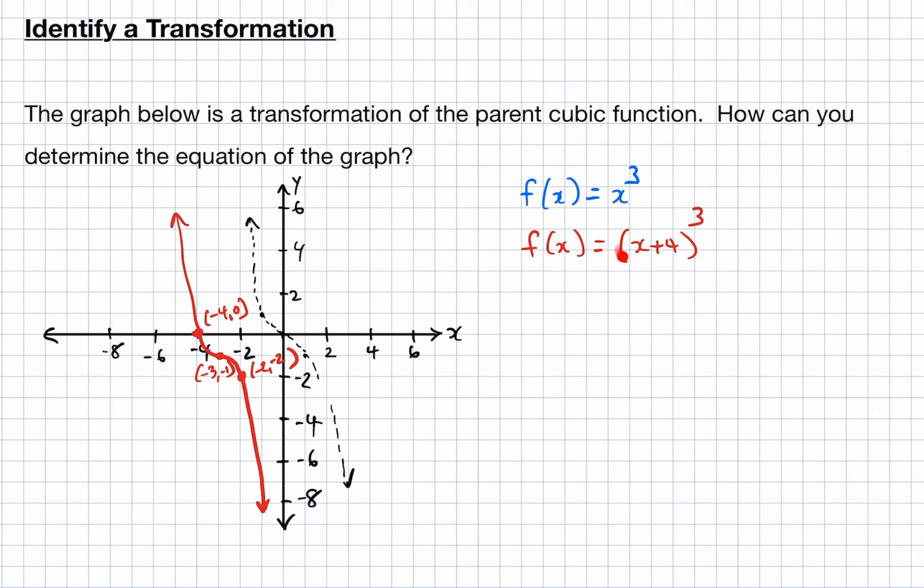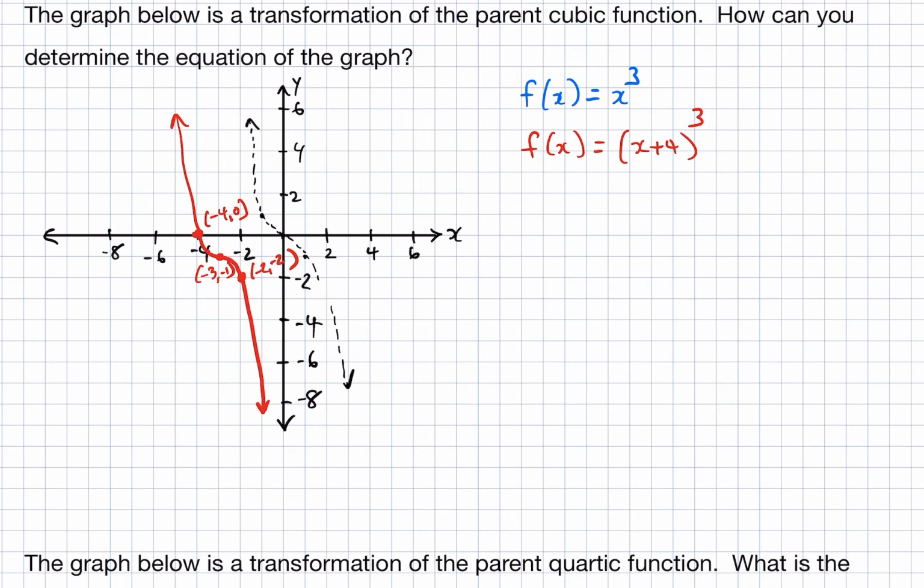Now it's counterintuitive because we see a plus 4 and we automatically think that it should go to the right. But in this case, because of the way the function is structured, a positive 4 means that it's going to shift to the left. If this were minus 4, then it would shift to the right 4 intervals.